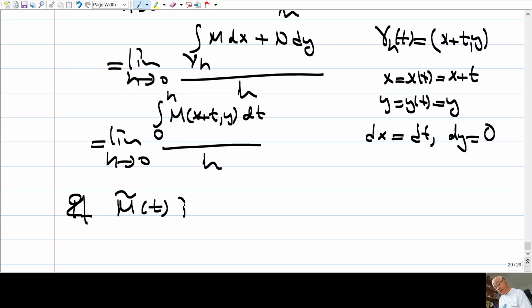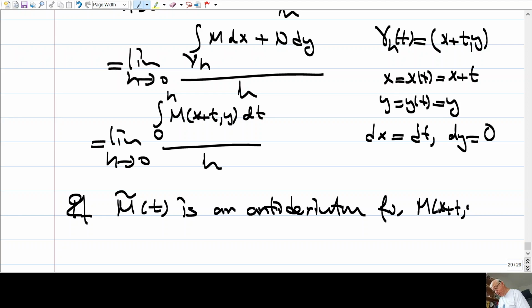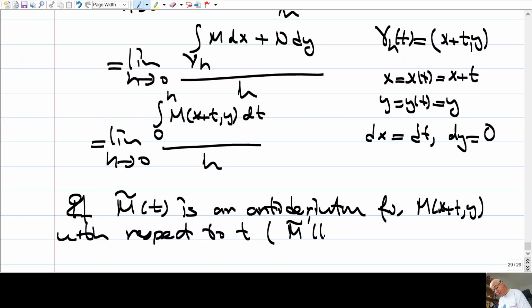And m tilde is an antiderivative of m at x plus t comma y with respect to t. What I mean is this: the t derivative of this is just m at x plus t comma y, right? I just integrate with respect to t.